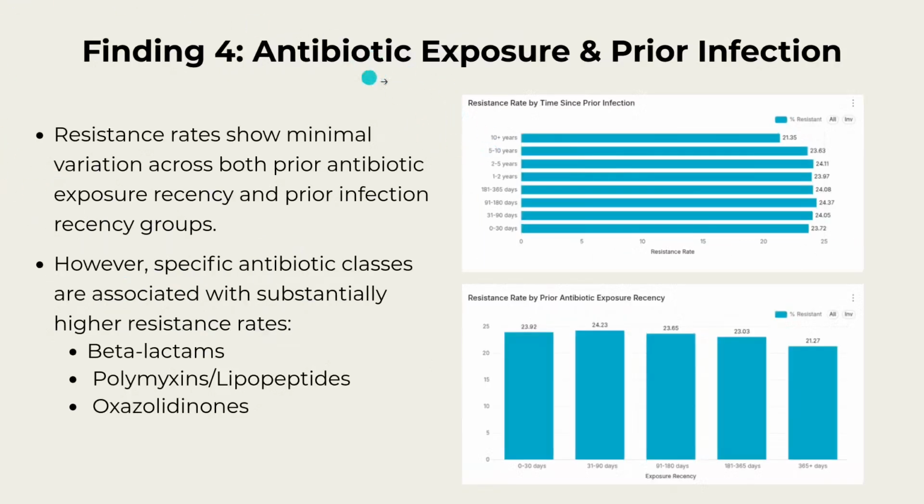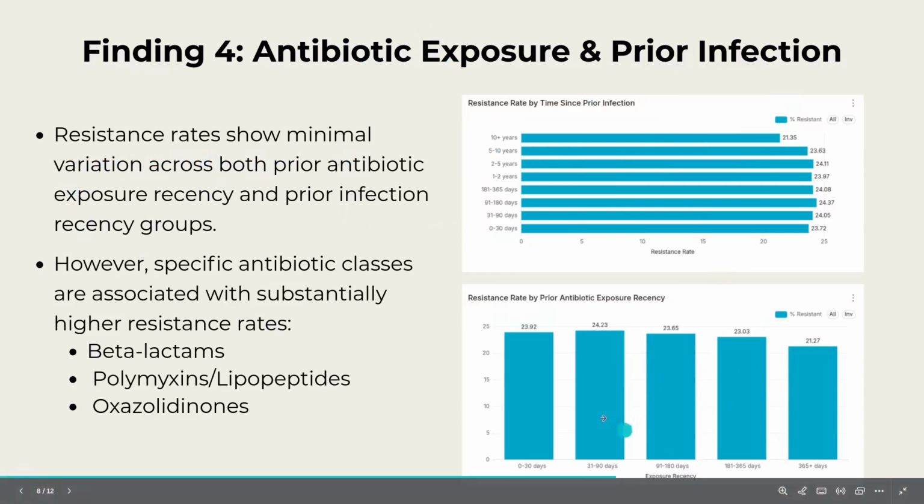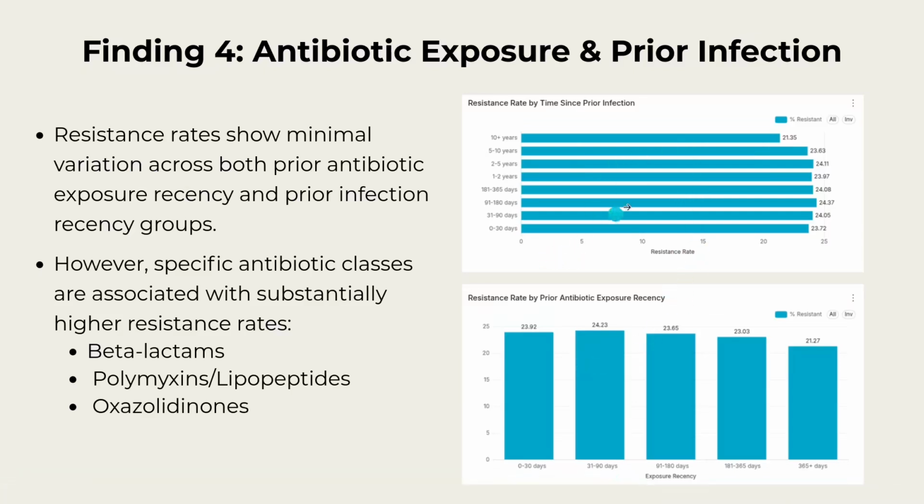For recent exposures and prior infections, we have very minimal variation, which indicates a very low or insignificant impact from prior exposure or infection. However, specific antibiotic classes are notable to cause higher resistance rates, with the beta-lactams, polymyxins, and oxazolidinones.